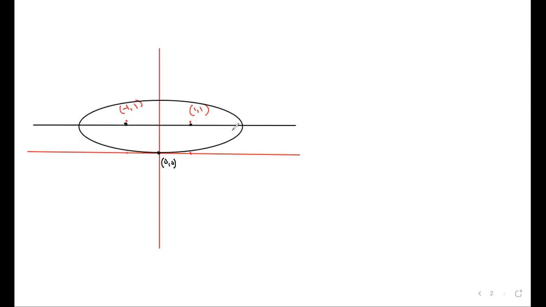This will be the axis of symmetry. Now remember, if the center is h, k, then the equation of the ellipse would be x minus h the whole square upon a square plus y minus k the whole square upon b square equal to 1. This would be the equation of the ellipse, where h, k will be the center.